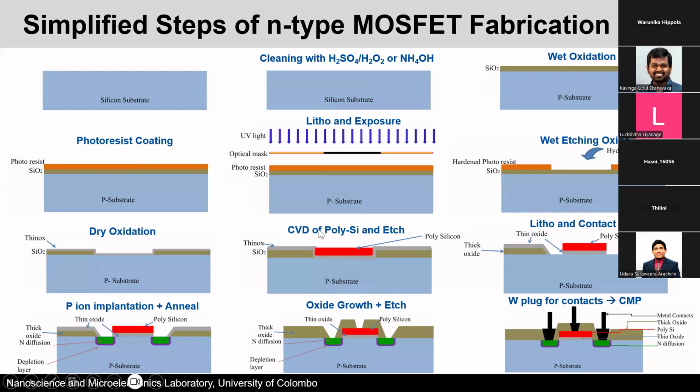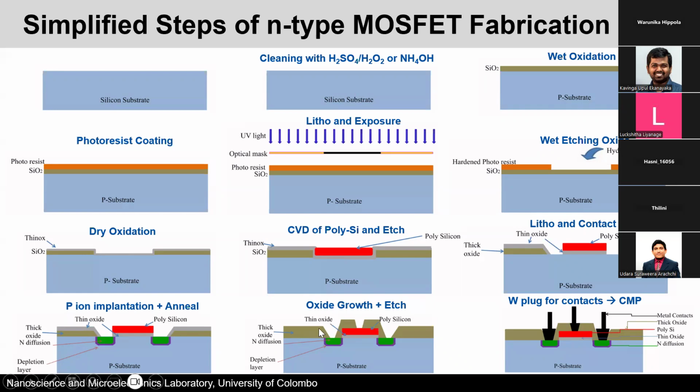Now we do the chemical vapor deposition of polysilicon gate. Next we do the litho and then the contact etch. Then we do the ion implantation, right? Phosphorus ion implantation. That means these are going to be N wells, N type wells, and then we anneal it to make sure that the silicon crystal is now back to its original state.